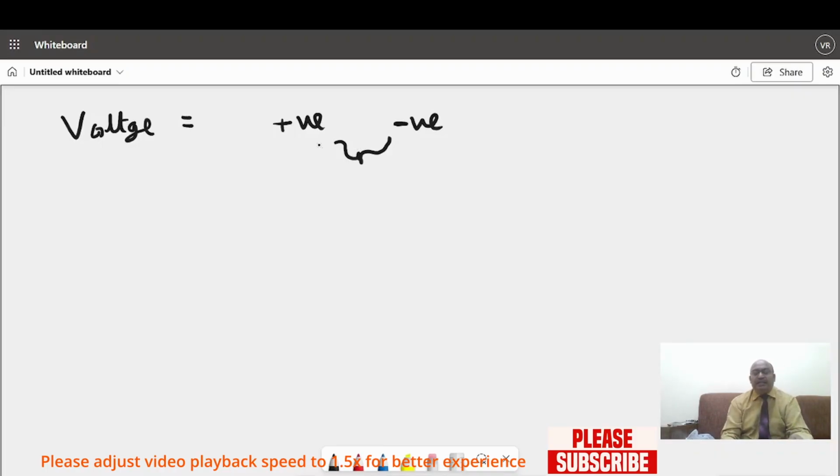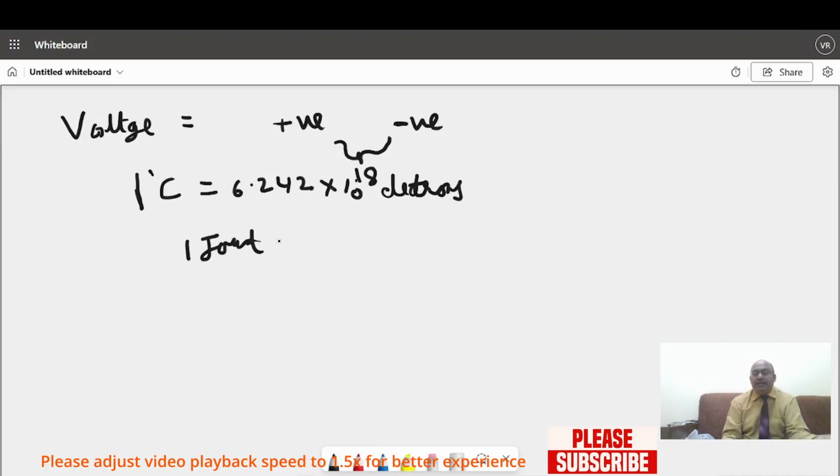1 coulomb of charge is equal to 6.242 into 10 to the power of 18 electrons. If a total of 1 joule of energy is used to move a negative charge of 1 coulomb, there is a difference of 1 volt between the 2 points.